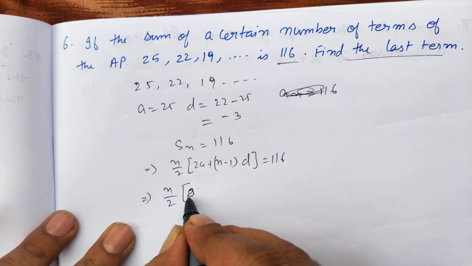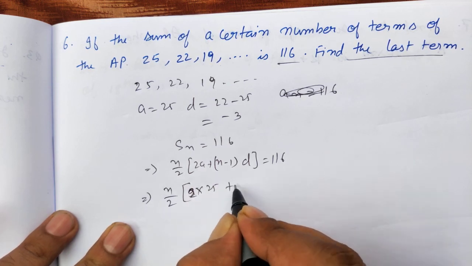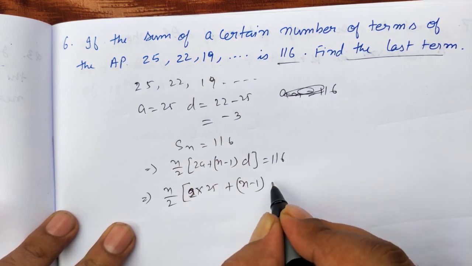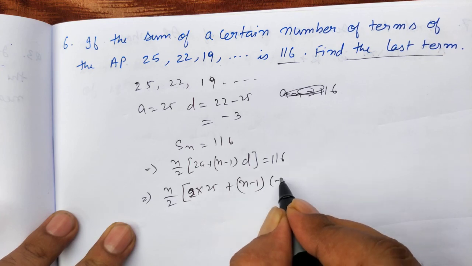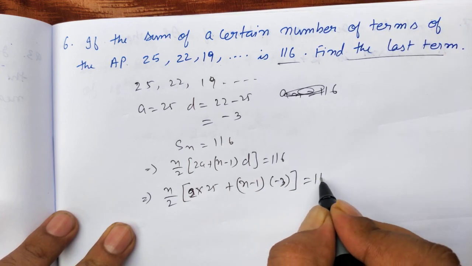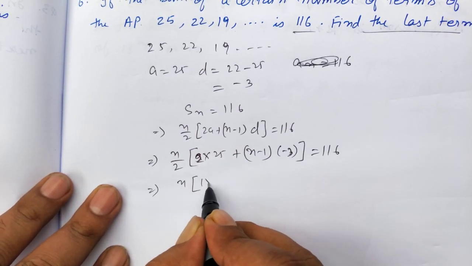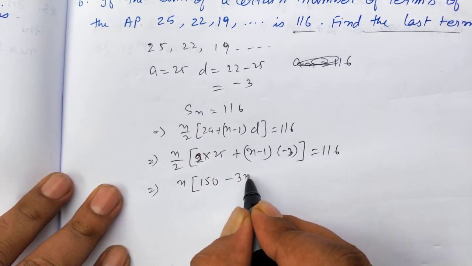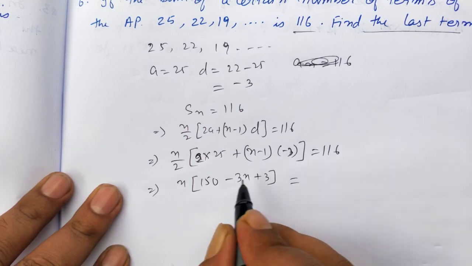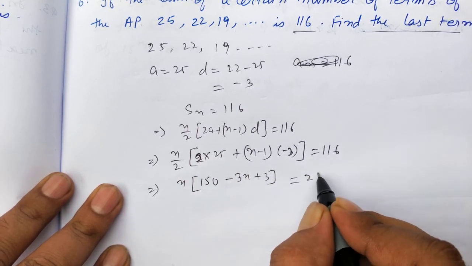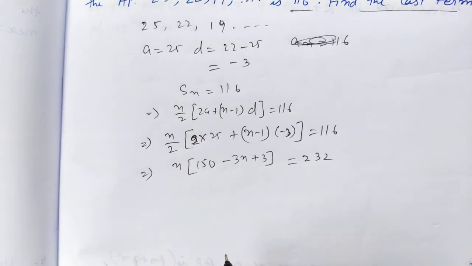2 into a is 50, plus n minus 1, d is minus 3. So n, this is 50 minus 3n plus 3. This will go, cross multiply, so 2 into 116 is 232.